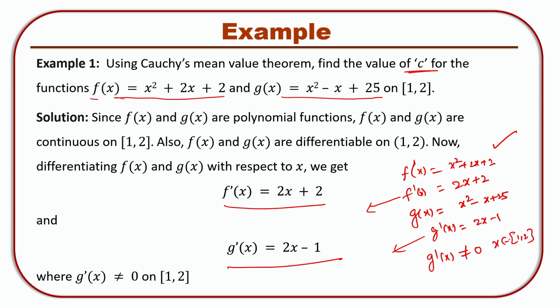Let's say g dash of 1 is equal to 2 minus 1 equal to 1, which is not equal to 0. g dash of 2 equal to 4 minus 1 equal to 3. Both are of the same sign, therefore there is no such point. So that means from 1 to 2, g dash of x is not going to be 0. That's the validation of this.